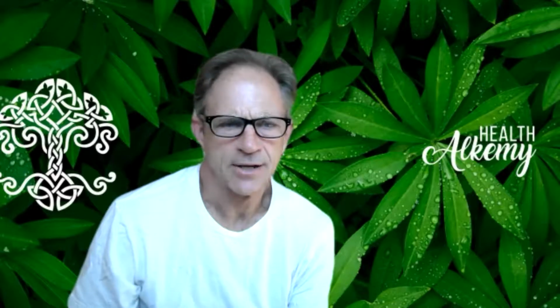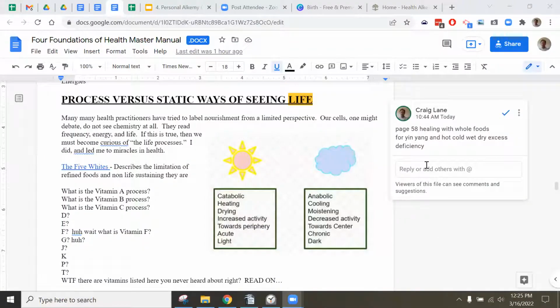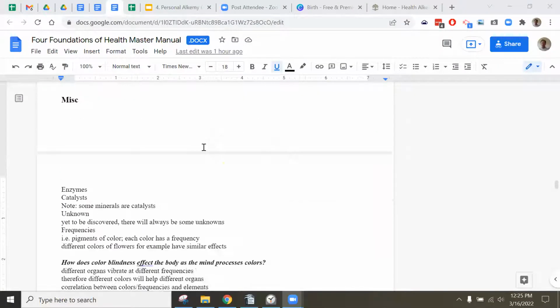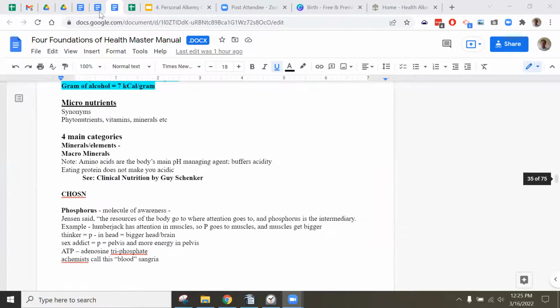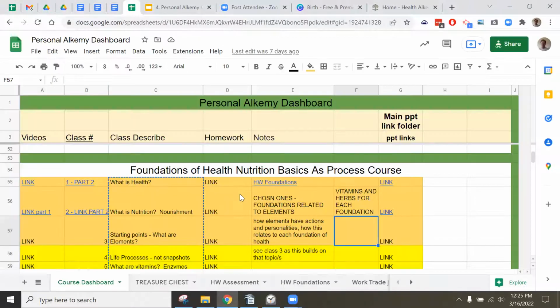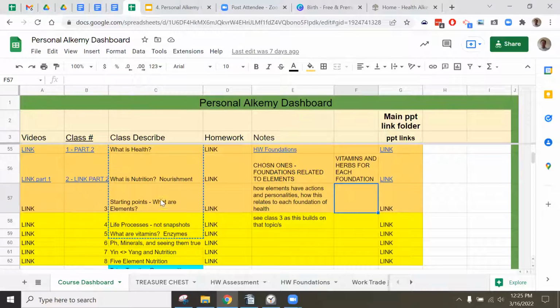Let's go back to it. It's nice to just break off for a minute, have a discussion. So last time we were kind of here. Remember, we're going through the starting points. What are elements? And today we're in life processes.